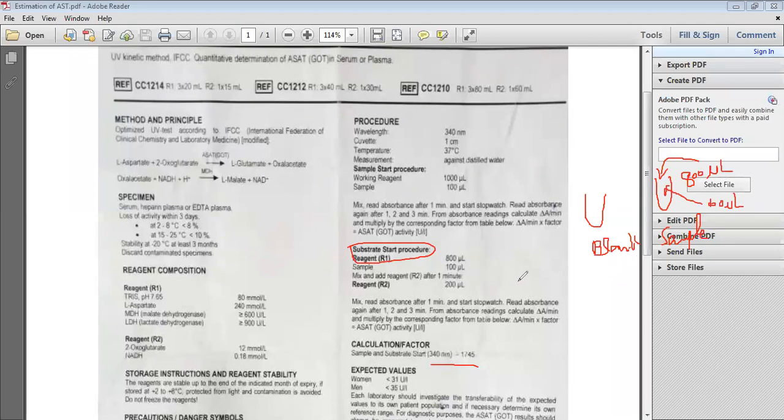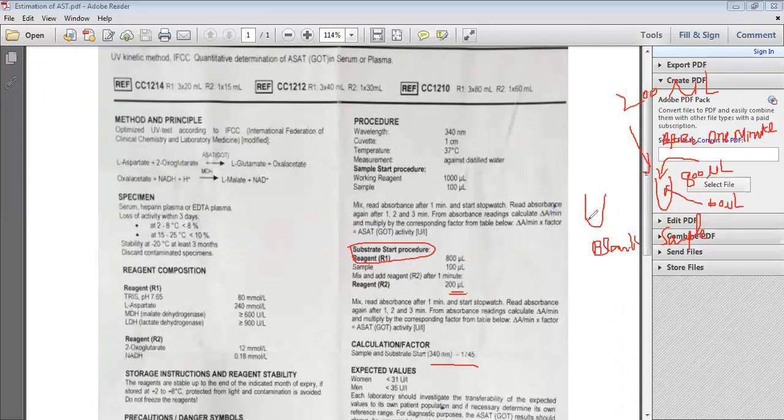Now you will mix these two reagents and incubate for 1 minute, and after 1 minute you will add reagent R2. Its volume is 200 microliters.